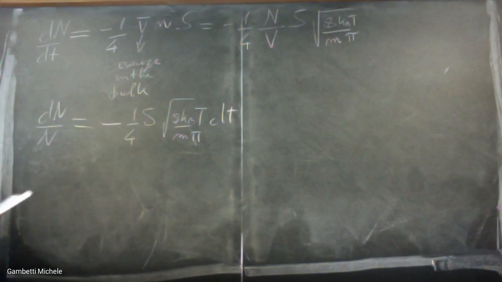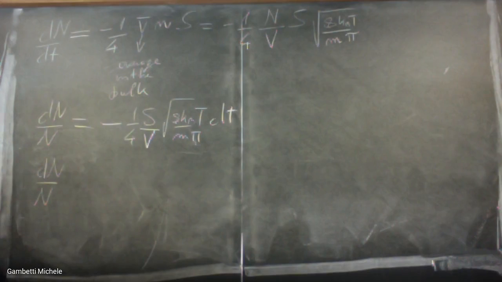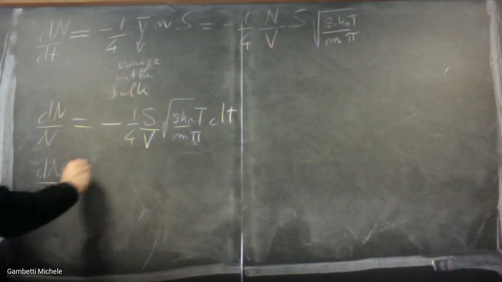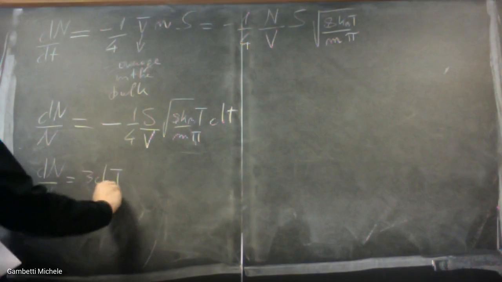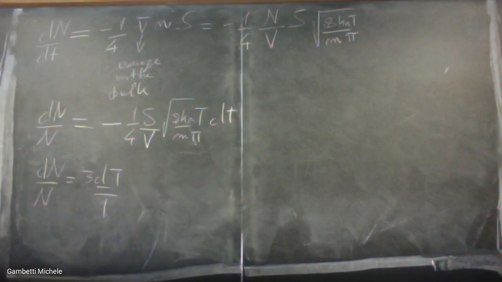And of course there is a volume here that is missing. Okay, there is a volume. Let me check if everything is correct. Ma un quarto è ridotto pi greco t, vabbè, questo va bene. And also I know from before that dn divided by n was also equal to 3 dT divided by temperature, sorry, T.